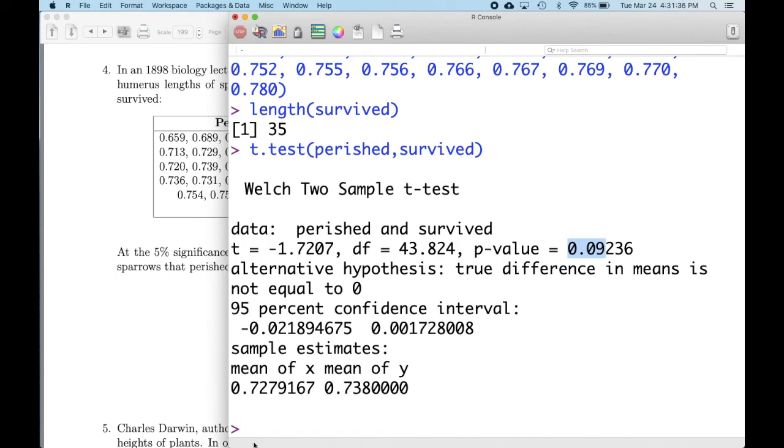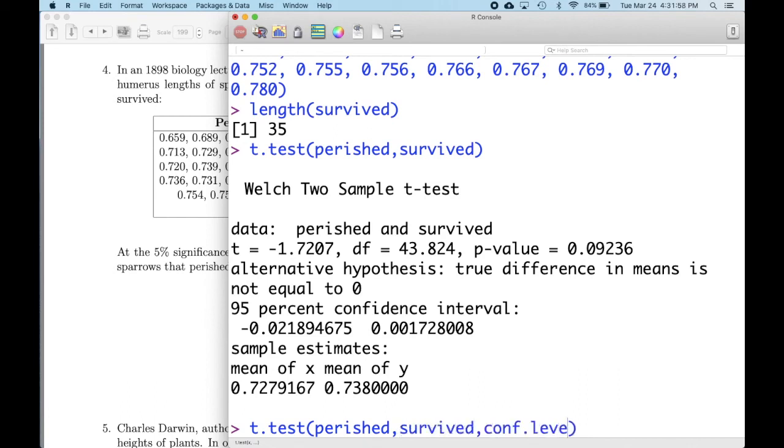The last thing I want to point out: let's say I wanted to know, and I know the p-value so I'm just going to cheat slightly, but let's say I wanted to know not at the 5% significance, but maybe 10% significance. So t.test perished, survived, those are our data points.